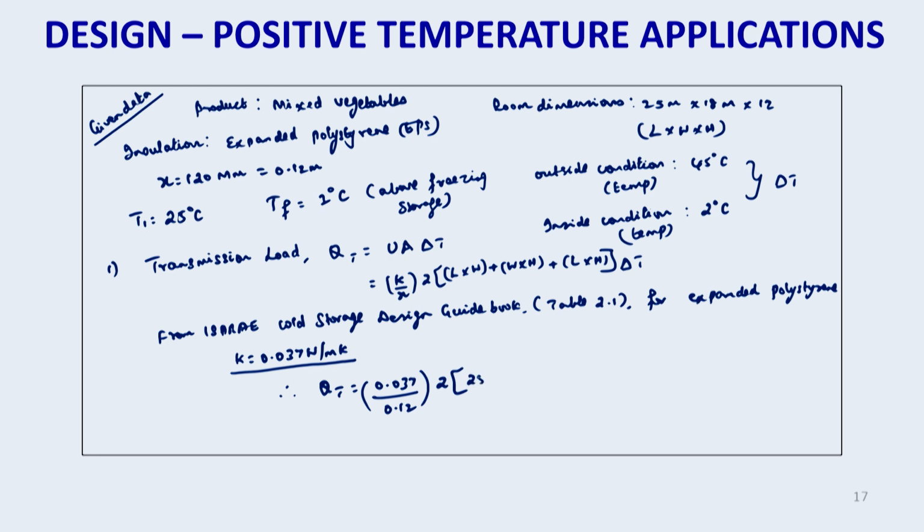So, 25 into 18 plus 18 into 12 plus 25 into 12. Delta T is the temperature of the air outside and the temperature of the air inside the cold room, that is inside the stored condition. 45 minus 2.